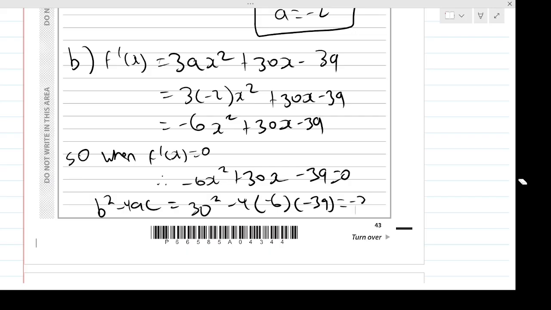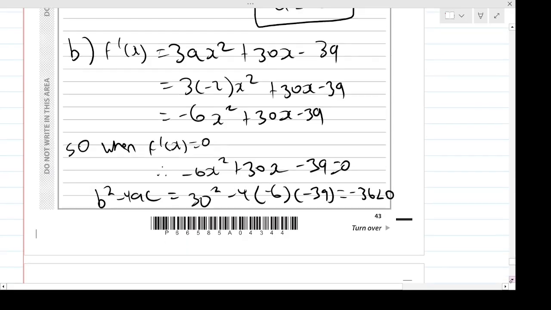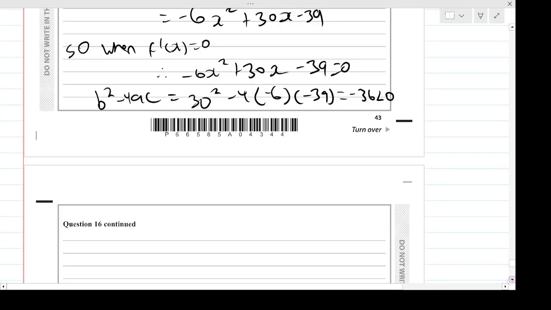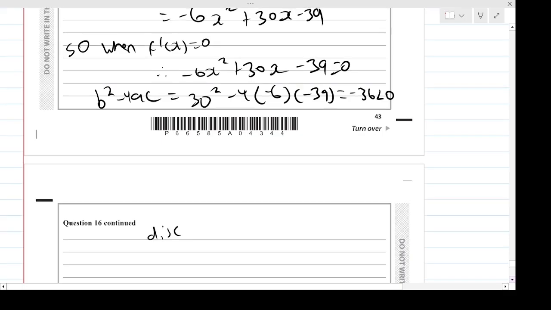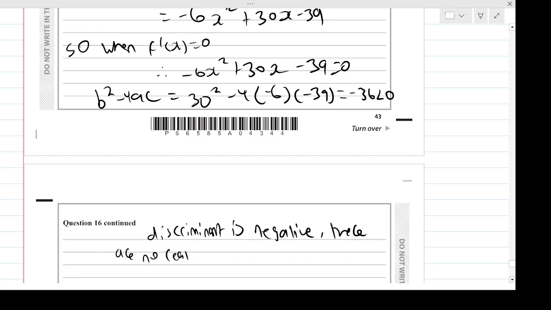But hang on, that's negative. You should remember that when a discriminant is negative, there are no real solutions to this equation then.